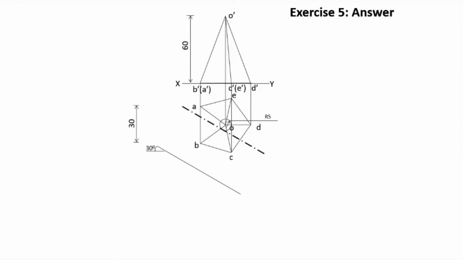Then a line which is parallel to this line, inclined at 30 degree to the XY line and touching the circle, will be drawn, and this line will be the section plane. So in order to draw the section plane, you need a circle as well as a line which is inclined at 30 degree.